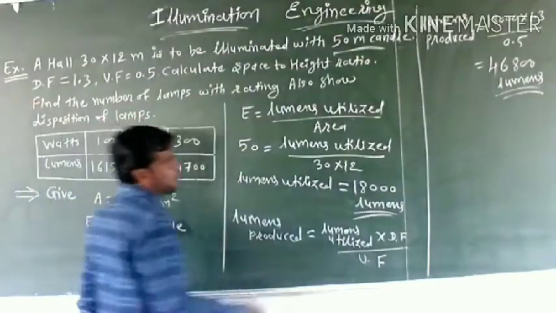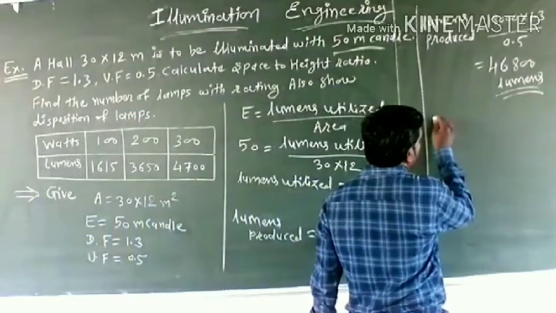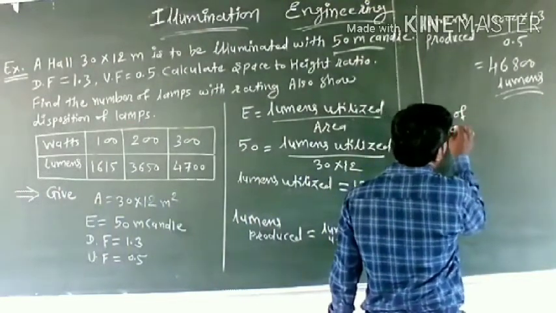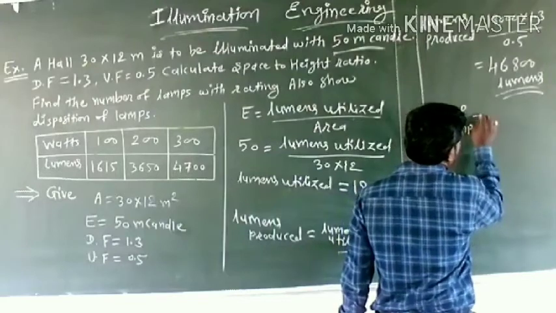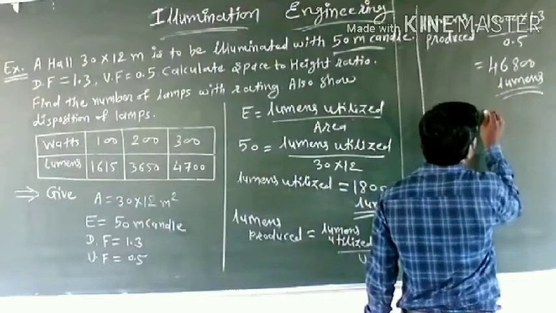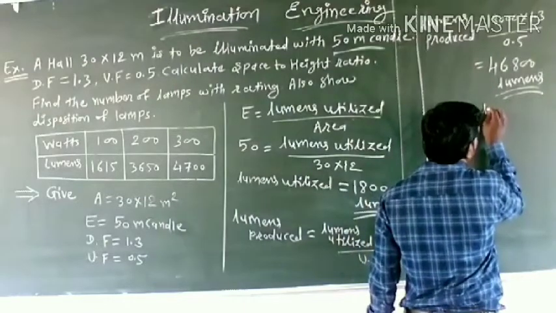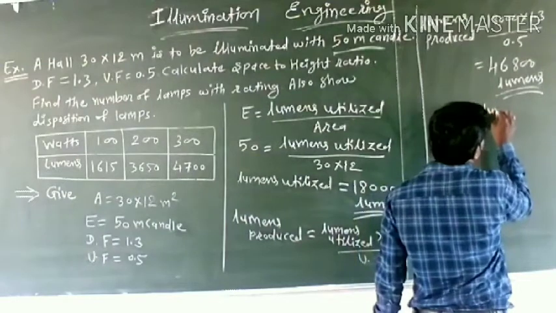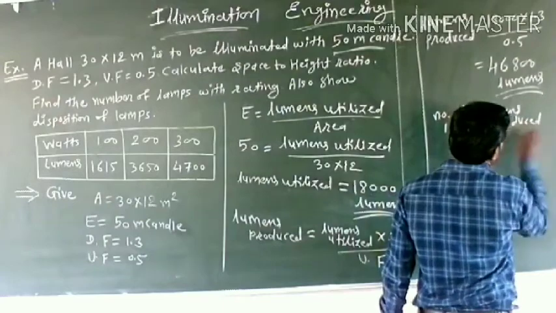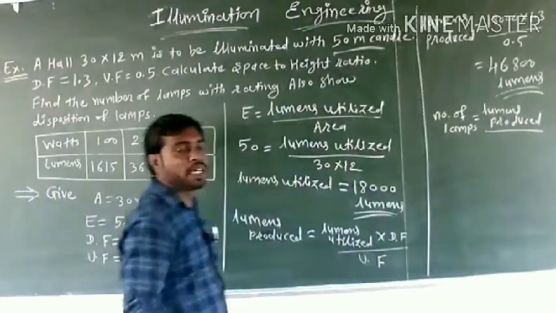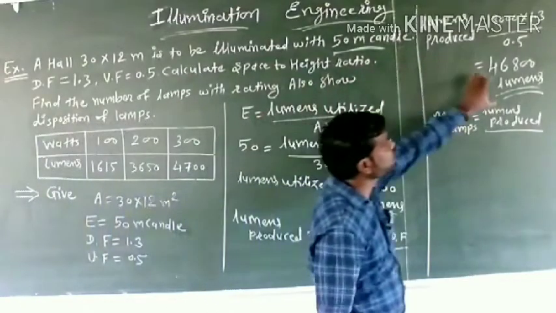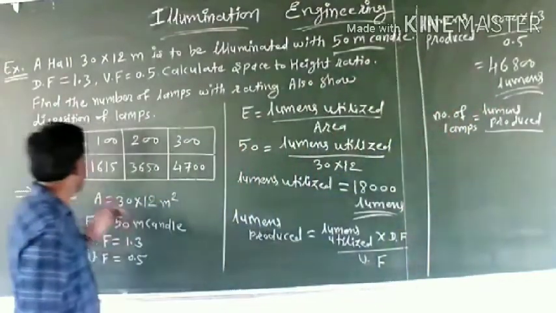For that, number of lamps is equal to the total lumen produced upon the lumen produced by each lamp, because we have to calculate the number of lamps and we know the value of total lumen produced, and the table is given watt versus lumen.